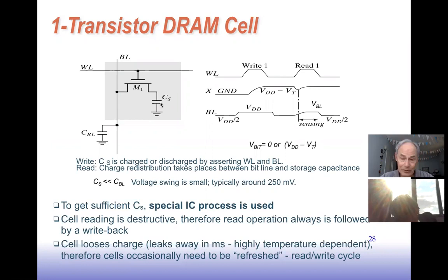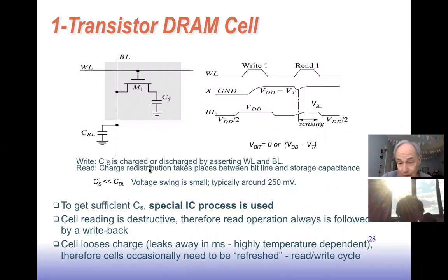The other thing, as I mentioned previously, is the cell loses charge over time. It leaks away, I say milliseconds here. It's highly temperature dependent, right? Therefore, the cell needs to be refreshed occasionally. So DRAM chips have a controller on them where they go through periodically and just cycle through all the rows of a DRAM block, reading and rewriting the value. So the way to refresh is just read it and then write it back.